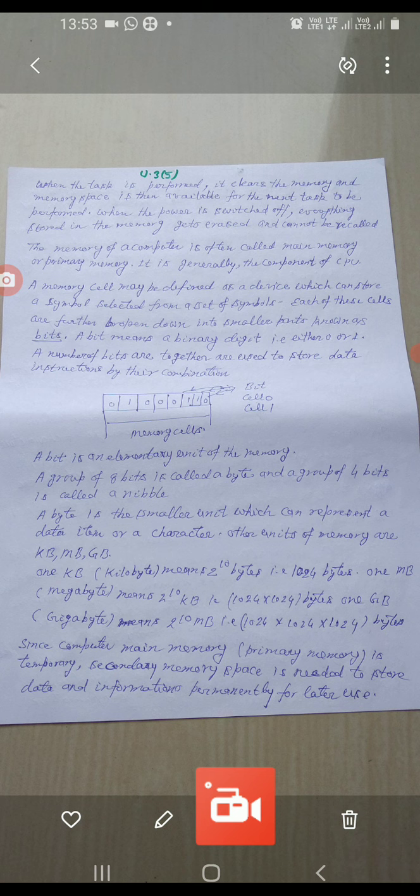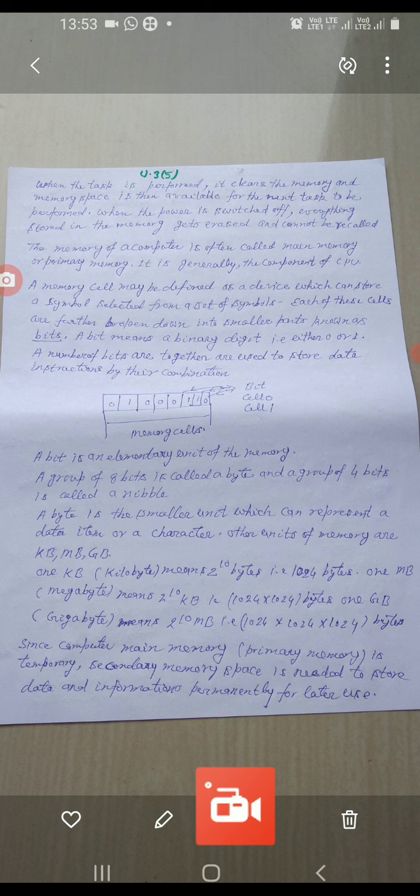What is a bit? A bit means a binary digit. You know, 0 and 1 are the binary digits. A bit means a binary digit, that means either 0 or 1.